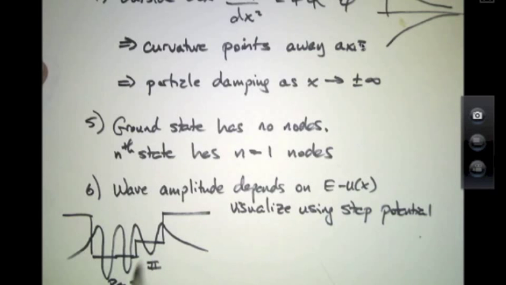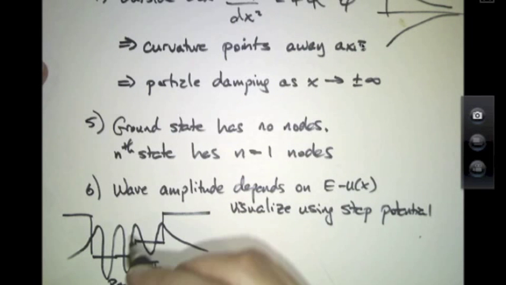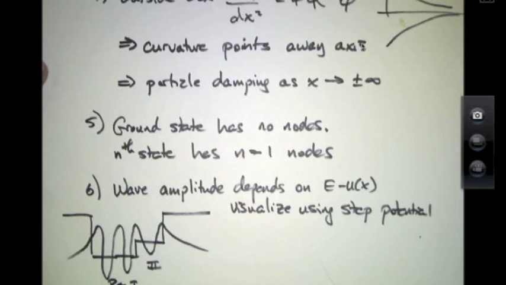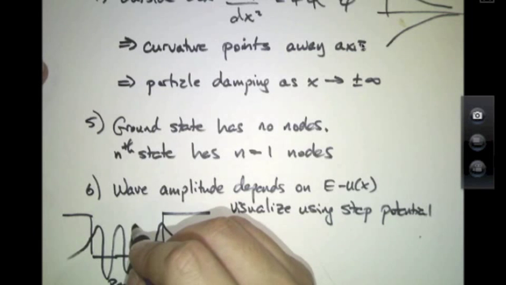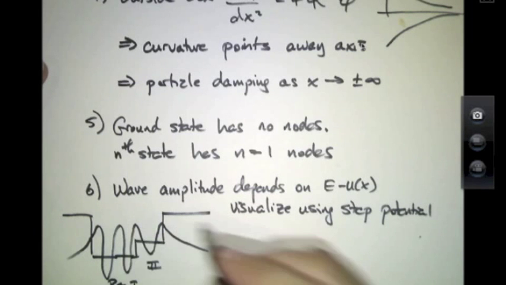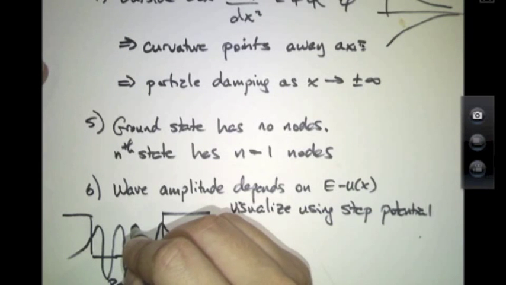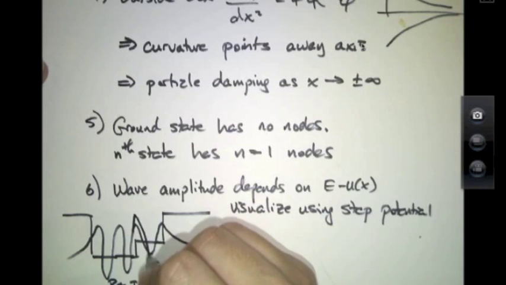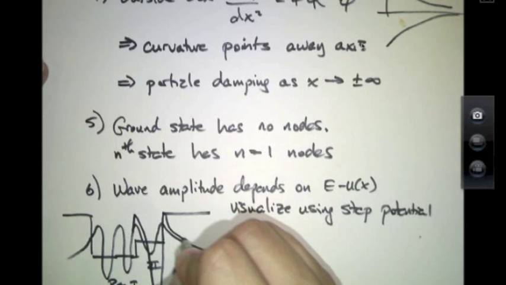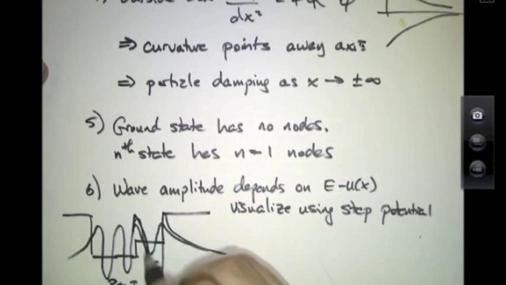In region 2, the velocity of the particle will be slower, and therefore the odds of finding the particle would be more, and therefore the amplitude, which is related to the norm squared of psi, which is related to probability, should be larger. So actually, I've not drawn this. I should have drawn that even bigger in this region than in this region.